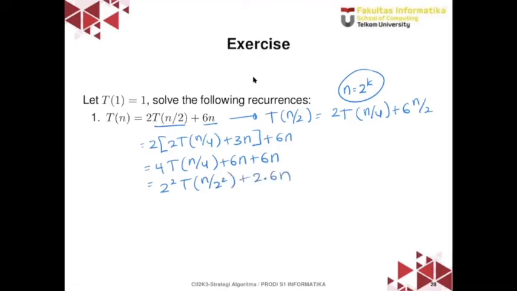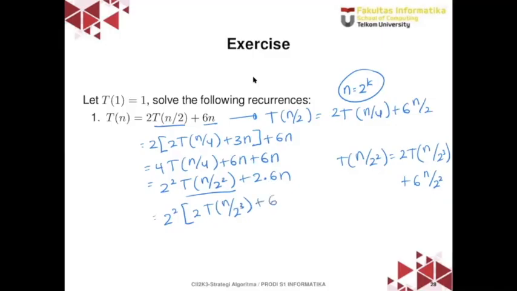Right. So we need to substitute again. T(n/2^2) is equal to 2T(n/2^3) plus 6 times n/2^2. So here we substitute this to 2^2 times 2T(n/2^3) plus 6n/2^2 plus 2 times 6n.